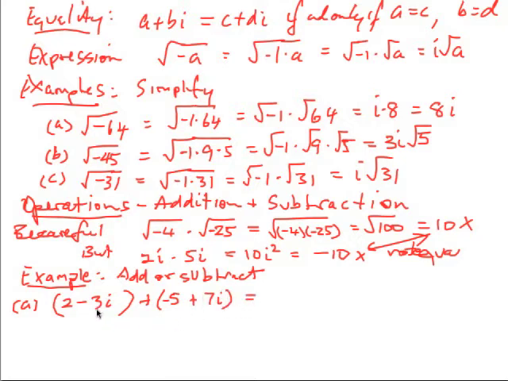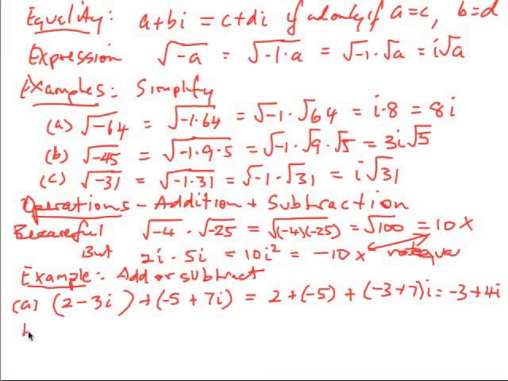The key to this is always add the real parts. So I'd have 2 plus negative 5, and then we have plus negative 3 with this i, plus 7i, and so this would be negative 3 plus 4i.